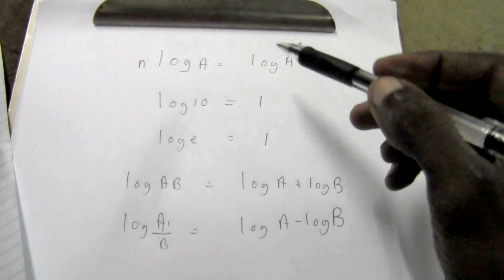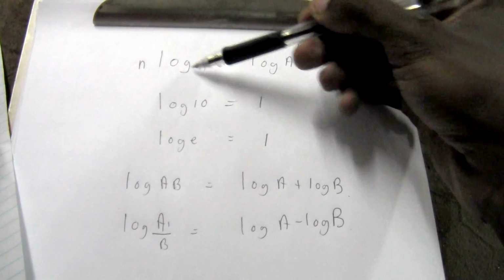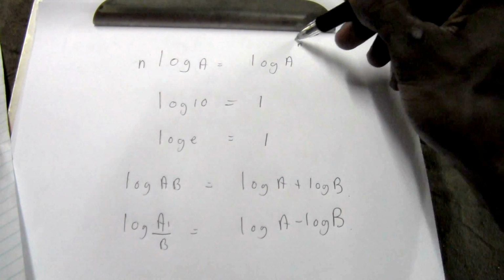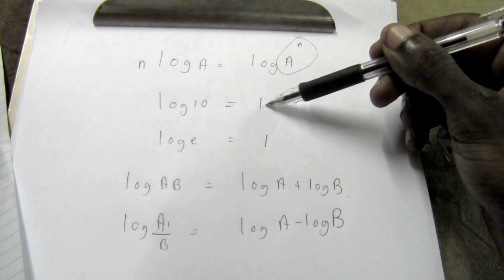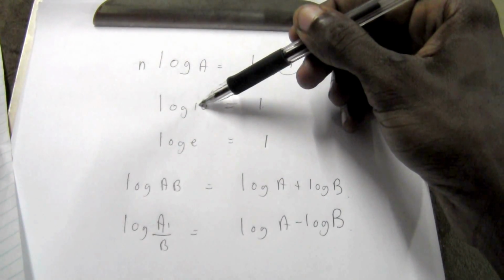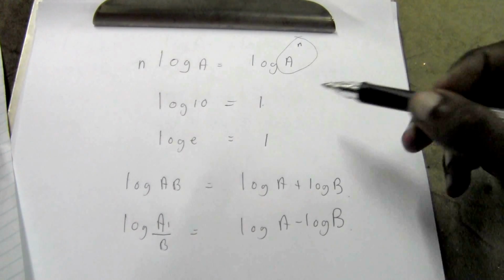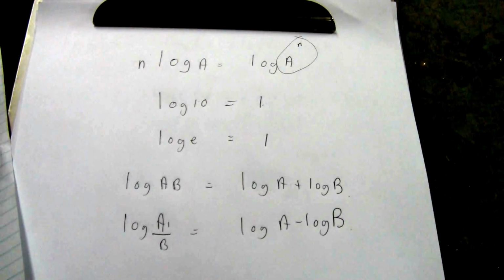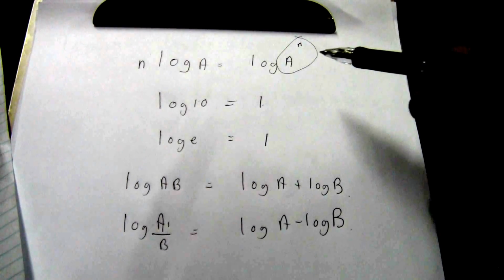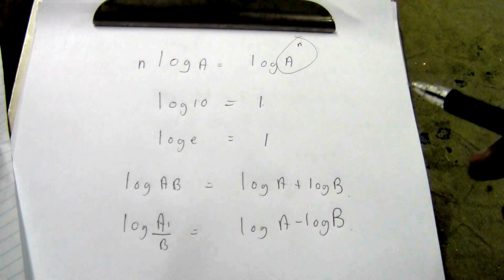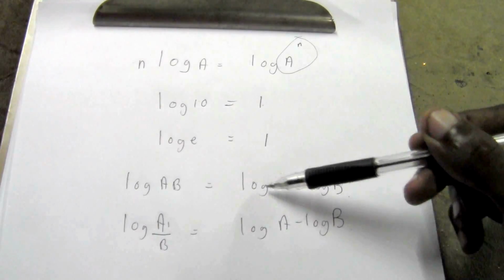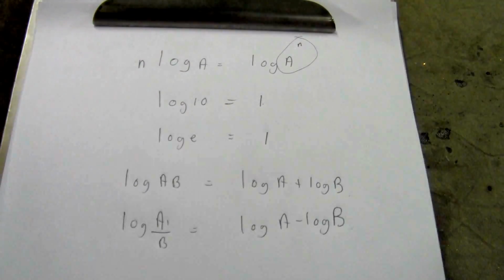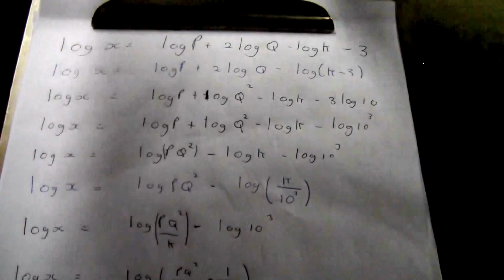And if you have a number, you just turn the number into a log of 10. So if we have 4, we express 4 as 4 multiplied by 1, or 4 log 10. So the first step is to produce everything in log form, and then we do reduction, and it is very simple.